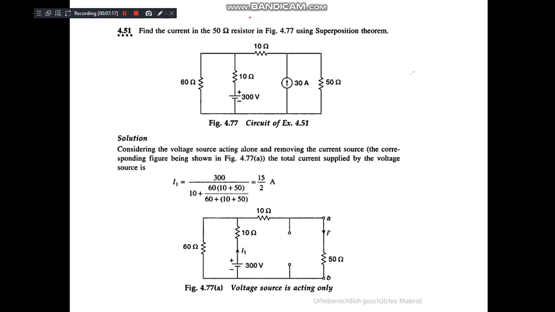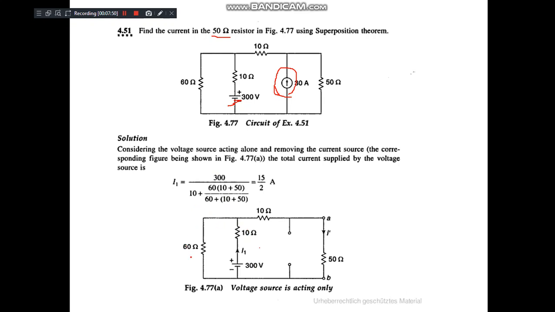Next, we will take one more example consisting of two sources, a voltage source and a current source. First step, deactivating the current source, activating the voltage source. Deactivating means, according to the theorem statement, current sources must be replaced with an open circuit. So here the total voltage is 300 divided by 10 plus, see all this, 60.